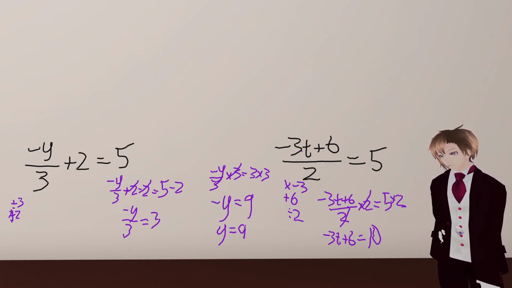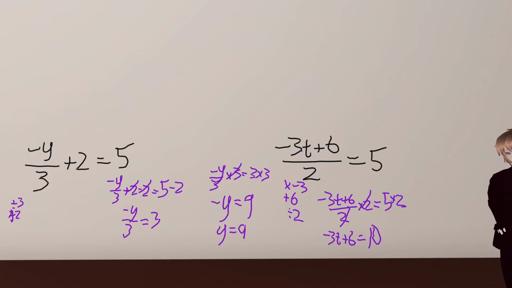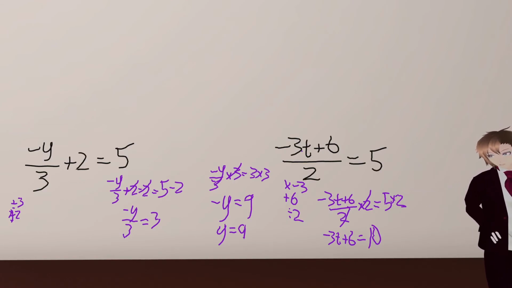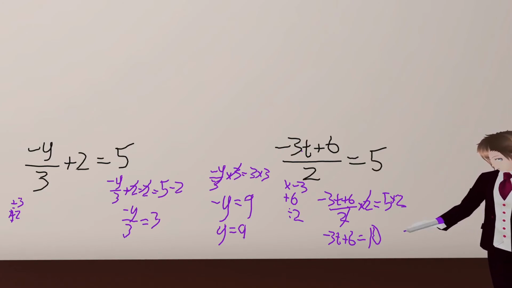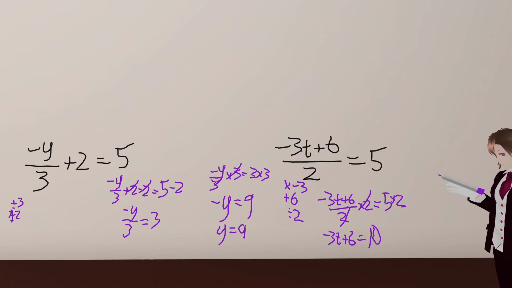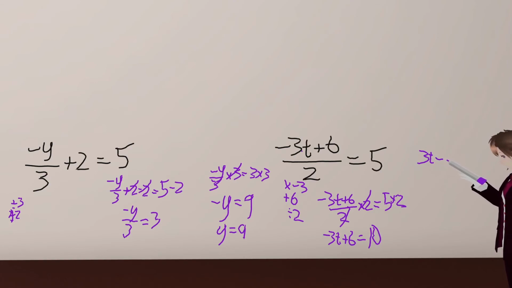Let's do the next bit up here. So we have negative 3t plus 6. Plus 6 was my second thing, but we're going back up again. So we're going to take away 6, because that's what we're trying to get rid of. So we have negative 3t plus 6 minus 6 is equal to 10 minus 6.